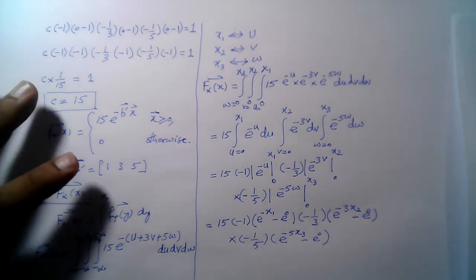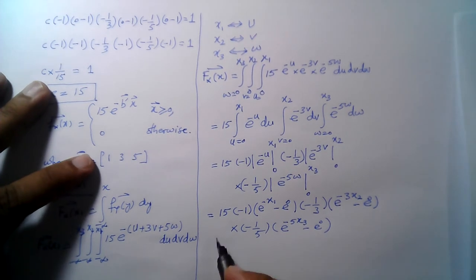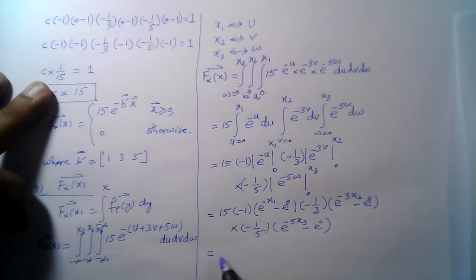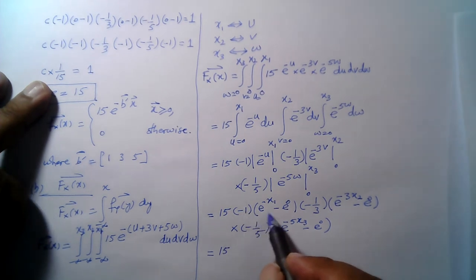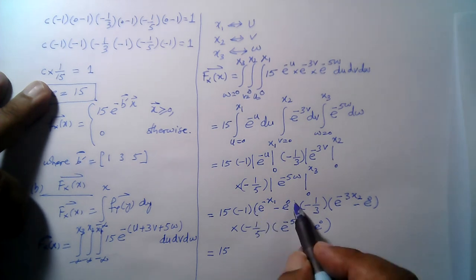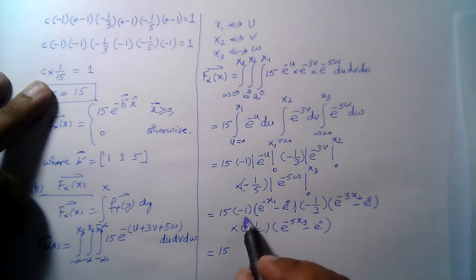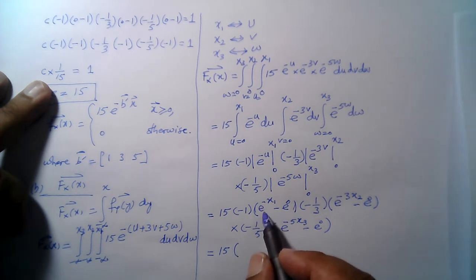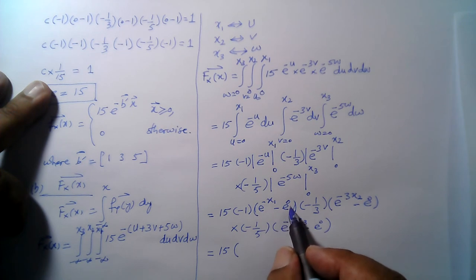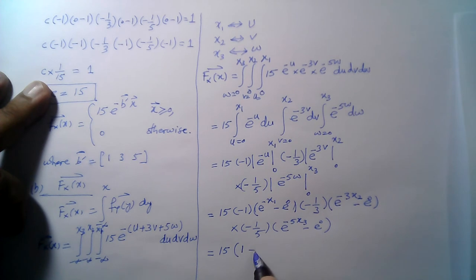So we can next write it like this. So this is 15. We can take this negative and multiply this whole expression within the parenthesis with minus 1. So this will be minus e raised to power minus x1 plus e raised to power 0. The e raised to power 0 is basically 1. So this could be written as 1 minus e raised to power minus x1.